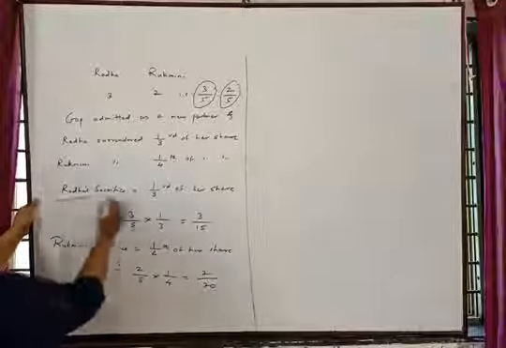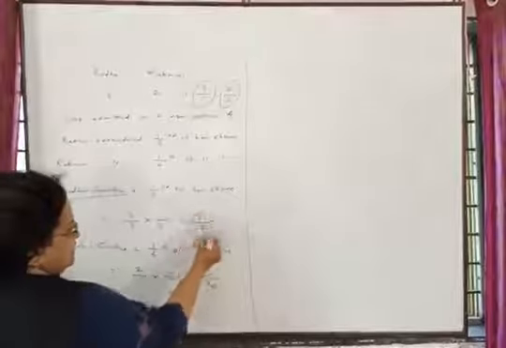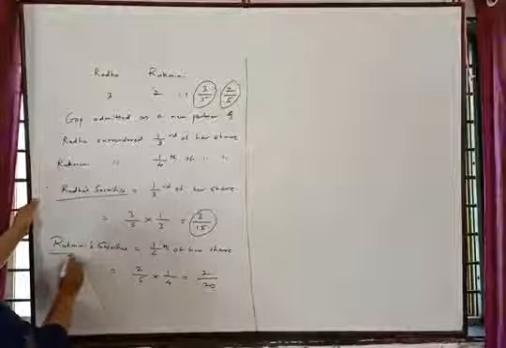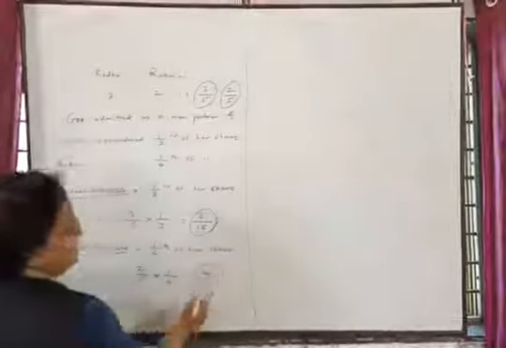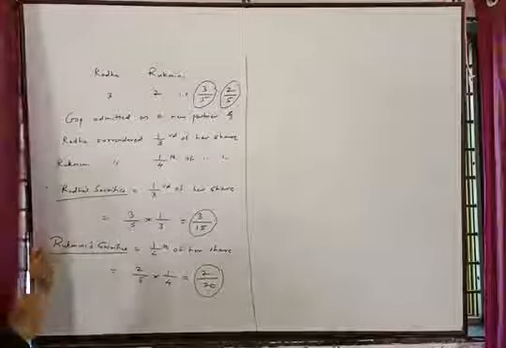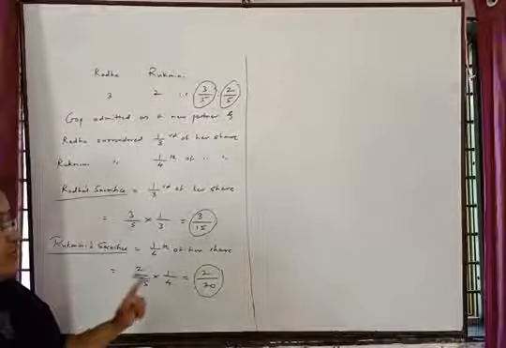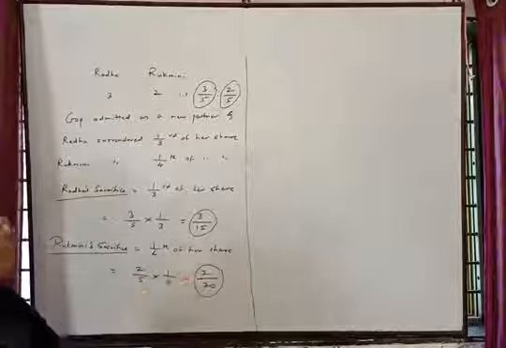So Radha's sacrifice is 3 upon 15. Rukmini's sacrifice is 2 upon 20. So for calculating Radha and Rukmini's new share, we have to deduct their sacrifice from their old ratio.